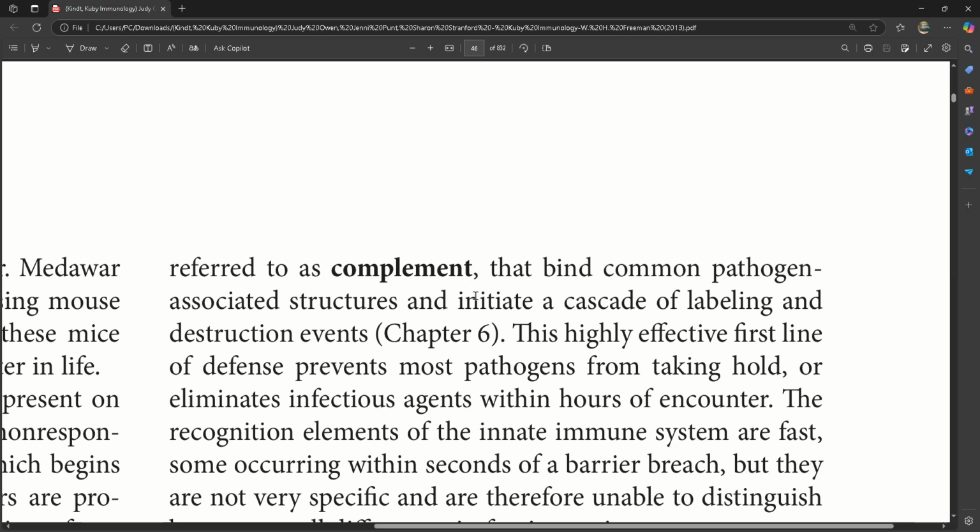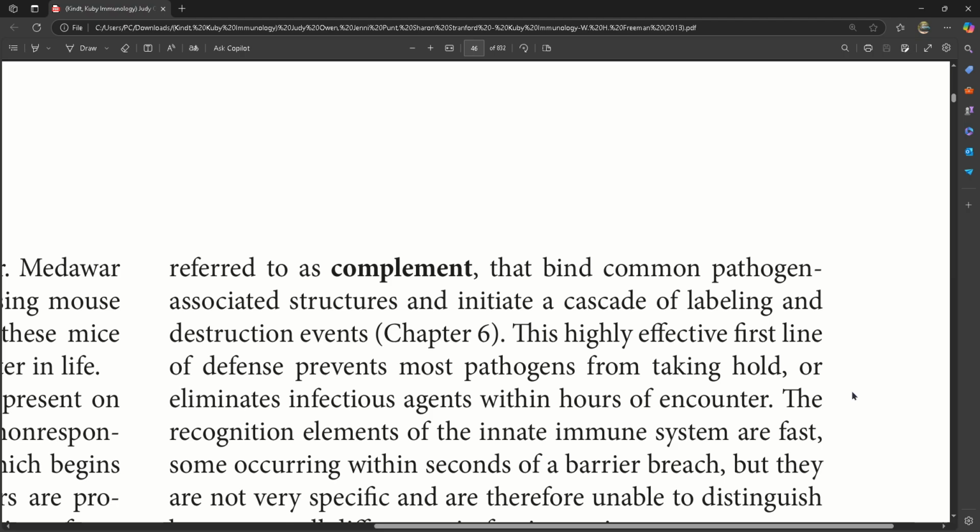The serum proteins which are in the inactive form in the serum and are a part of immunity are termed as complement, and they make the complement system. They bind common pathogen associated structures and initiate a cascade of labeling and destruction events. This highly effective first line of defense prevents most pathogens from taking hold or eliminates infectious agents within hours of encounter.